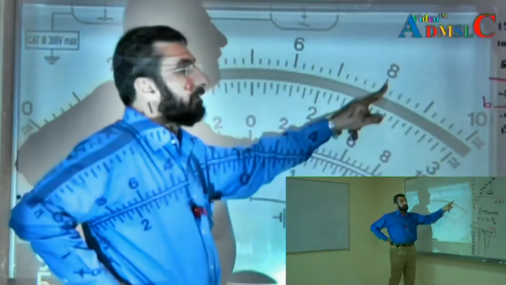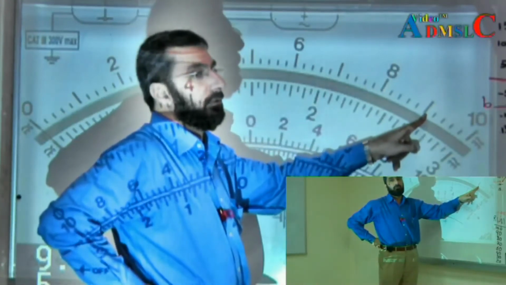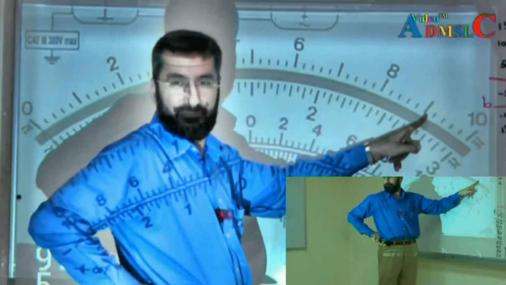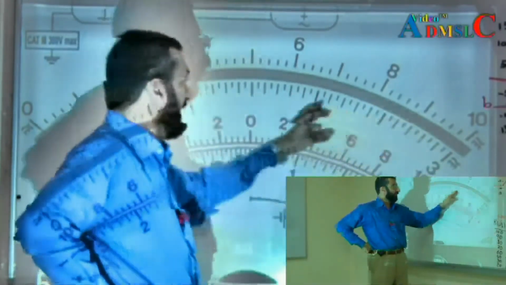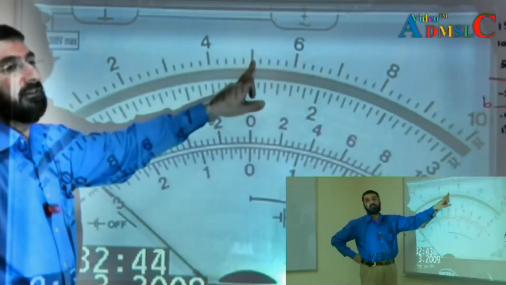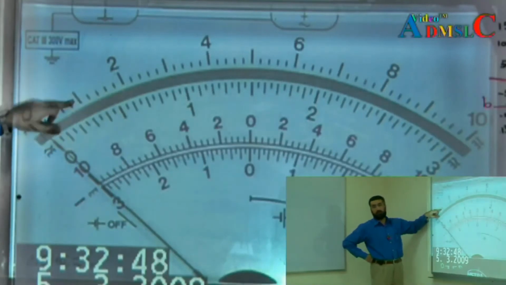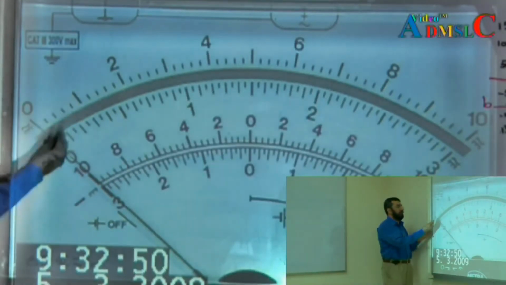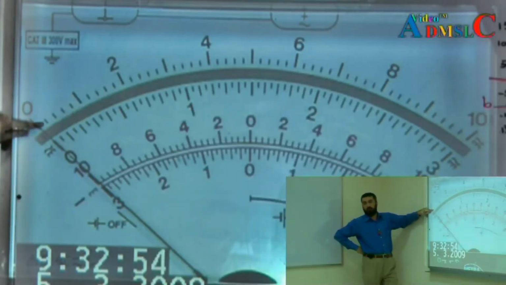This 8 represents 0.8, this one 0.9. Clear? This is 0.6, this is 0.5, this is 0.2, this is 0.1. If this represents 0.1, what does this one represent?